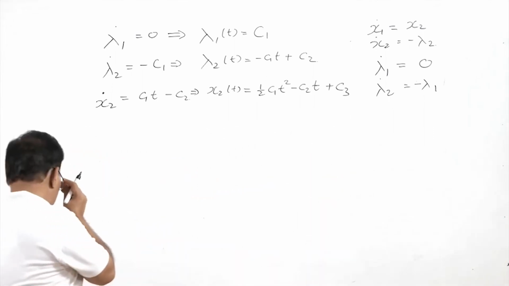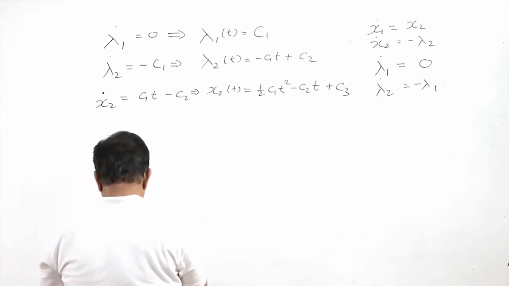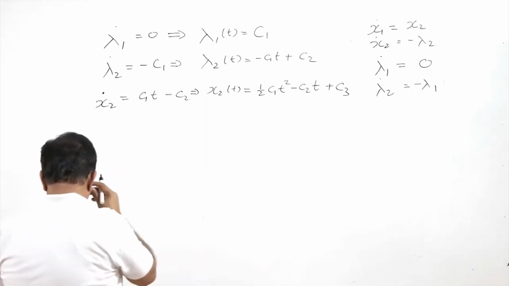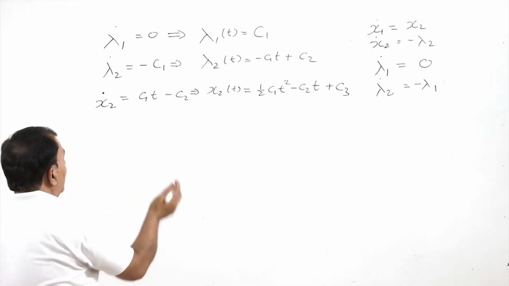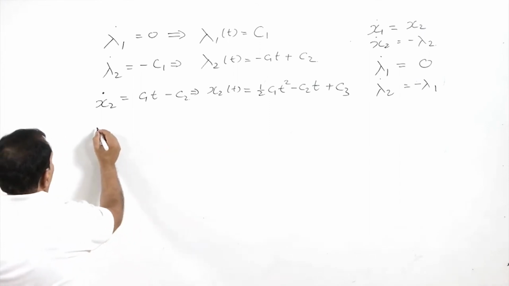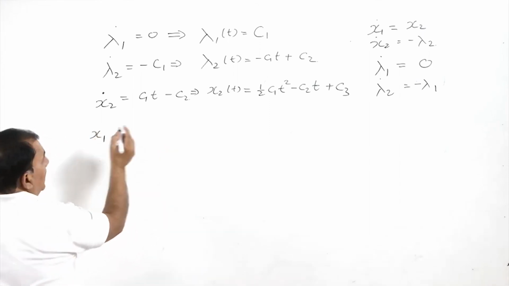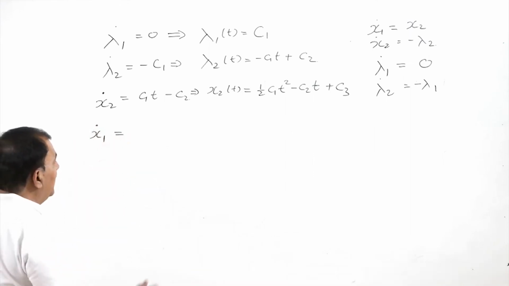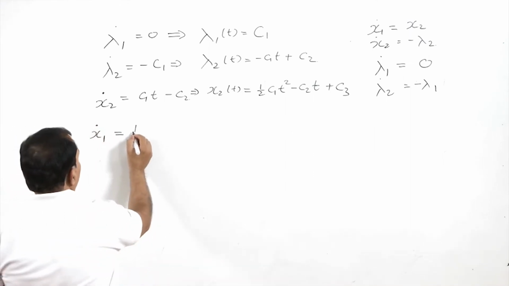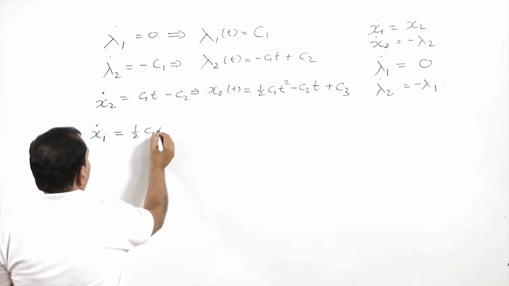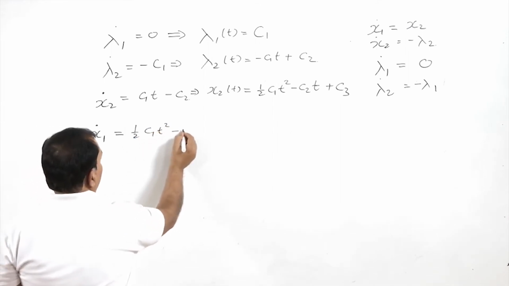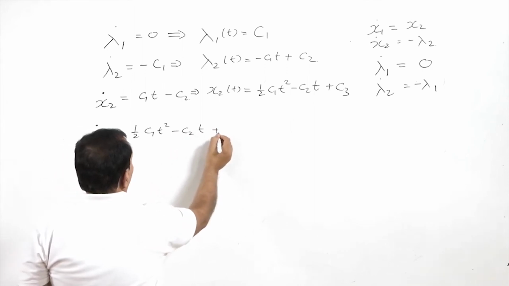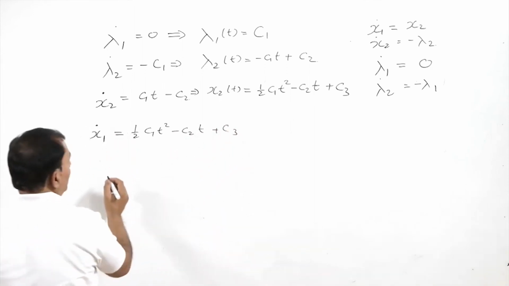The next equation is x1 dot as x2, which is 1 by 2 C1 t square minus C2 t plus C3.